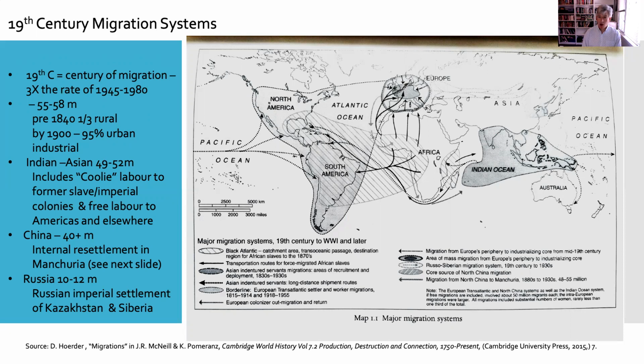A good chunk of this is also being transported across the Indian Ocean and the Pacific Ocean. So Indians and Asian peoples, Chinese peoples, are moving not only within Asia but across the Pacific to places like North America and South America, largely in the aftermath of slavery.